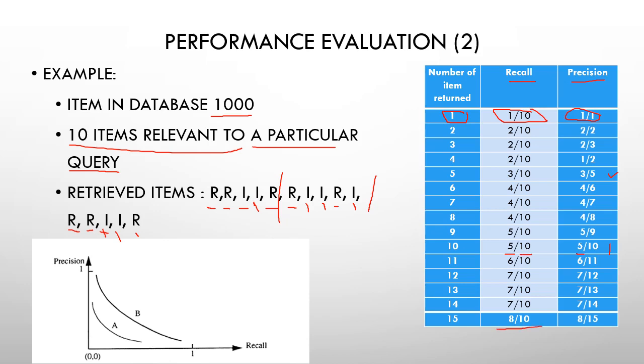Okay, so if we plot this recall versus the precision, then we will obtain a graph similar to this. What we can see here is that the precision in this particular example is increasing in one direction, and the recall is in the other direction.